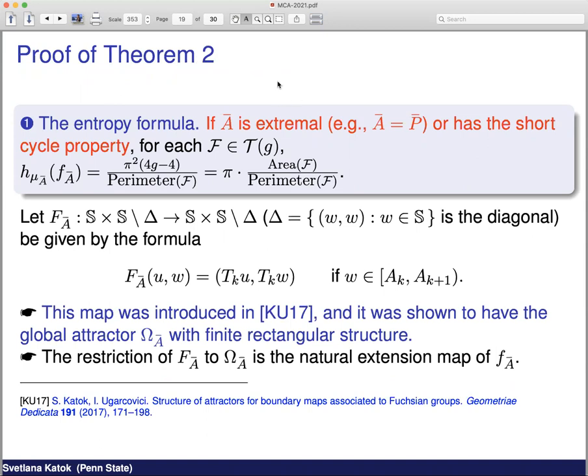So let me recall that theorem 2 is about flexibility of the topological entropy and of the measure theoretical entropy. Okay. So the first part is the entropy formula. And again, this is a condition which we cannot avoid. So we only consider the case when A is extremal or it has the short cycle property.